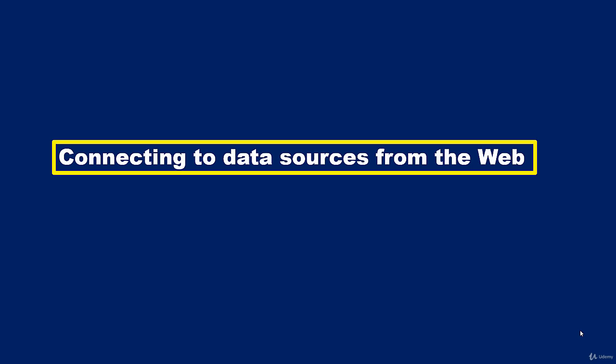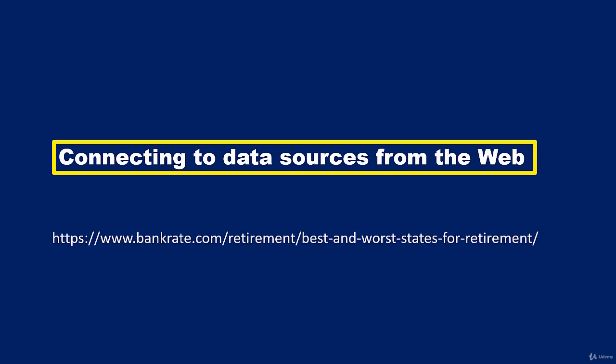There's a website we can go to. It's called Best Places to Retire, and it basically ranks each of the states according to the places to retire. So the link displayed on the screen is the website we're going to go to. So this is where we are going to connect and interact with some data.